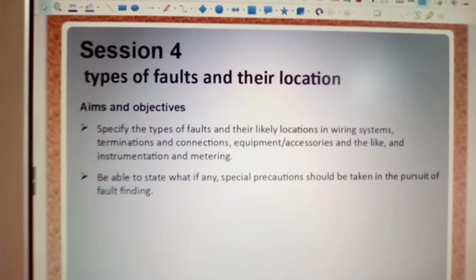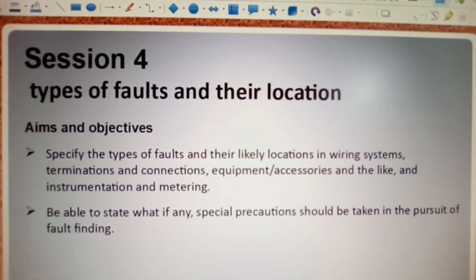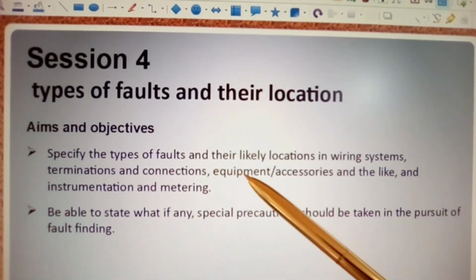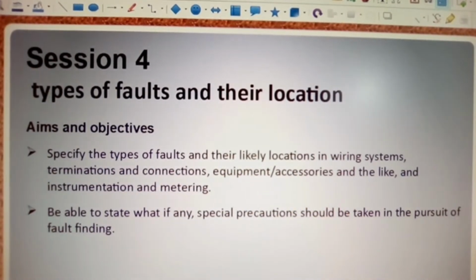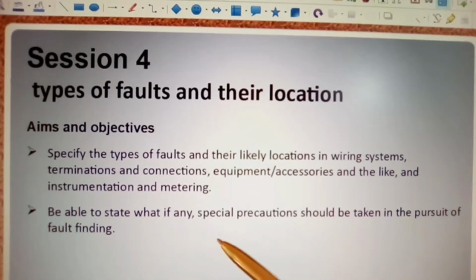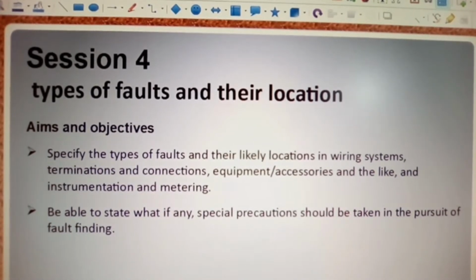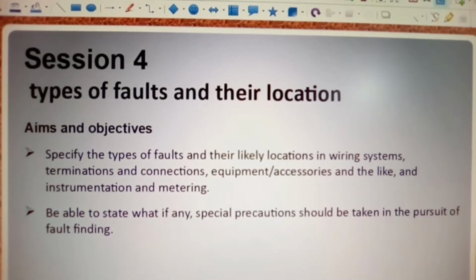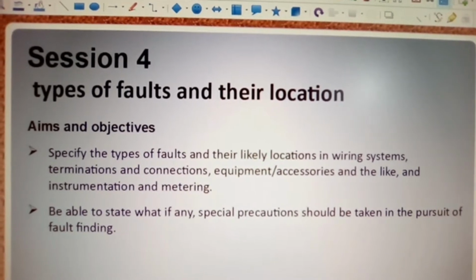Now section 4, types of faults and their location. Now aims and objectives: specify the types of faults and their likely locations, and be able to state what, if any, special precautions should be taken as and when necessary. Again, it is your responsibility to read and be familiar with the IEE regulations.